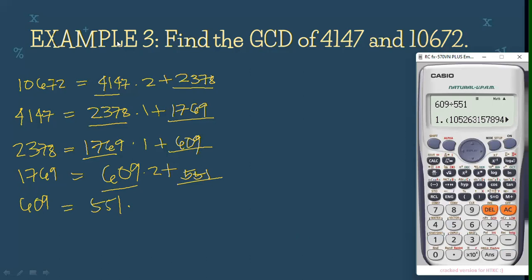So, we will have this 1. Plus, ma-minus lang po natin si 609 minus 551. So, that will give us 58.